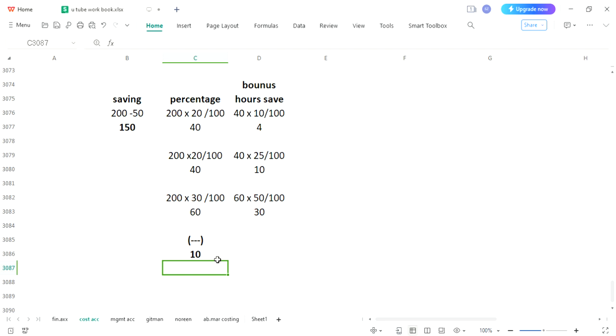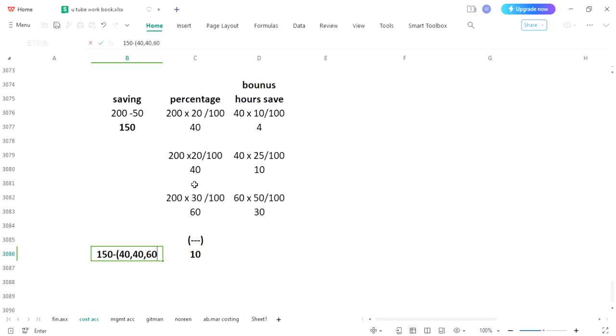How have we calculated the remaining hours? Total hours were 150, and up till now we have given bonus for 40 hours, for the next 40 hours, and for the next 60 hours.